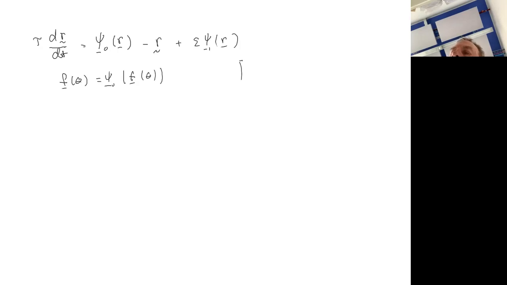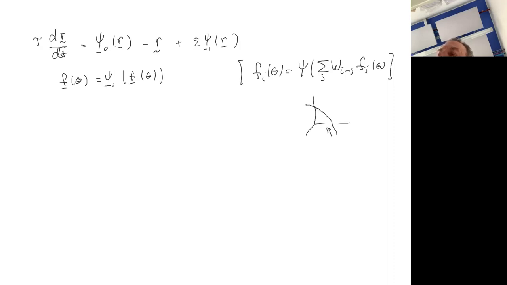In components, this is f_i of theta equals psi of the sum over j of w_(i-j) f_j of theta. And that's just a point somewhere on our line attractor, which is parameterized by theta.